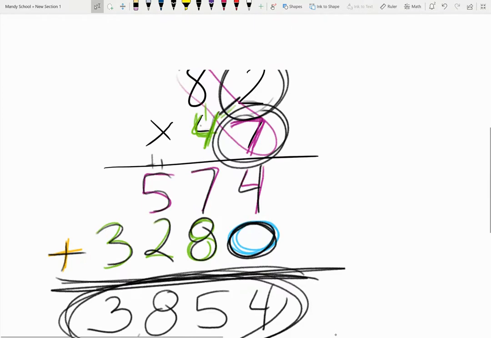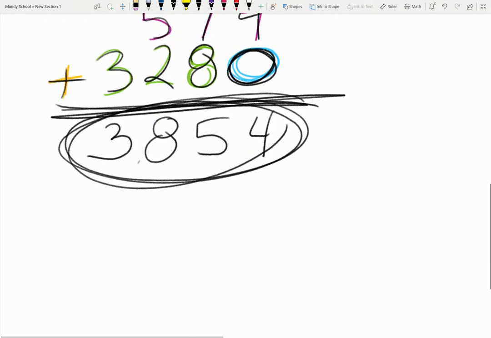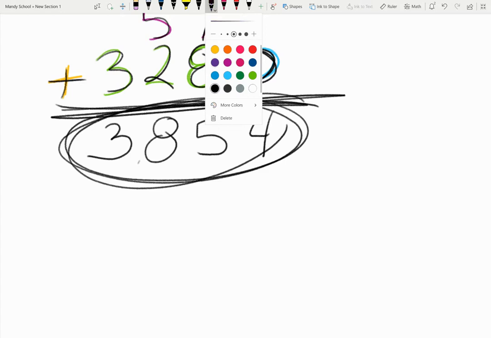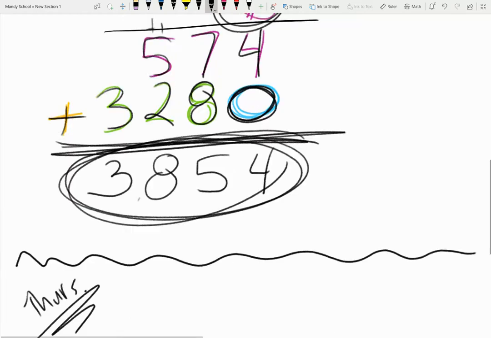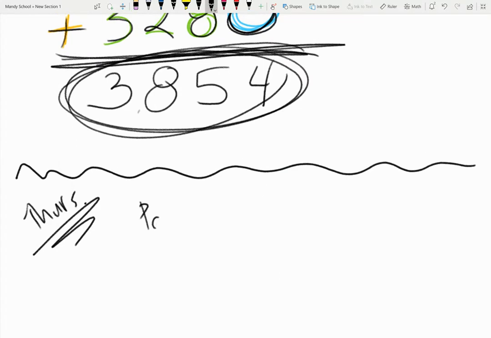We're going to first do 82. Let me make it up. Let's see. So here is Thursday's lesson. It's not so much an anchor chart, but you can note take as I note take. So now we're going to be doing partial products.